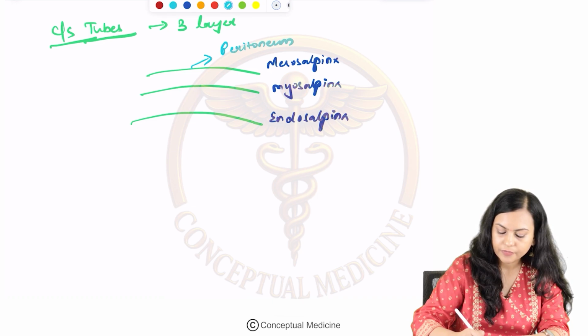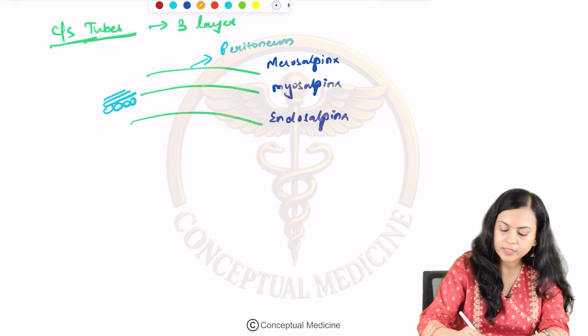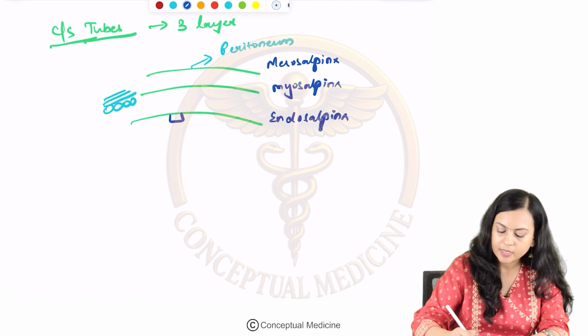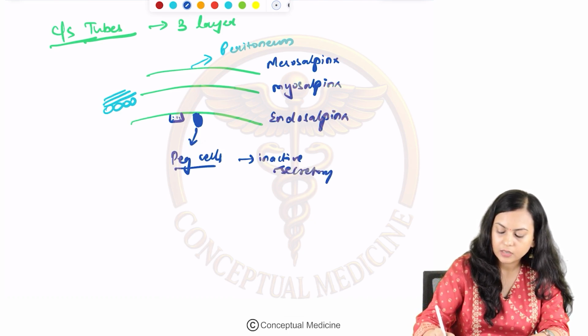Myosalpinx consists of outer longitudinal fibers and inner circular fibers. And endosalpinx consists of 3 types of cells, namely secretory cells, and then you have the PEG cells, which are nothing but the inactive secretory cells, and then you have the ciliated columnar cells.